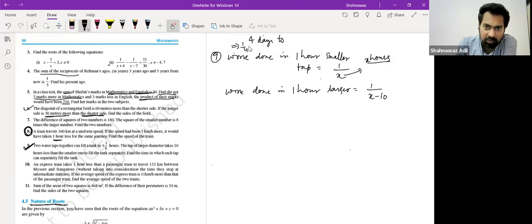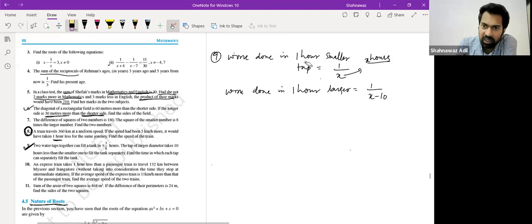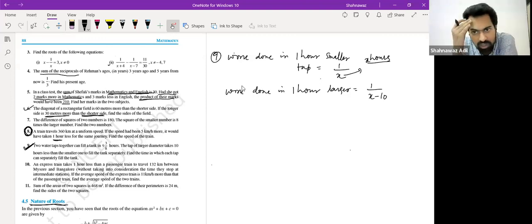Do you remember? Yes. So similarly, we calculate the work done in 1 hour by the smaller one, and this is for the larger one.